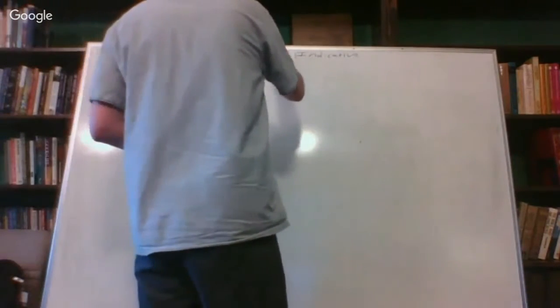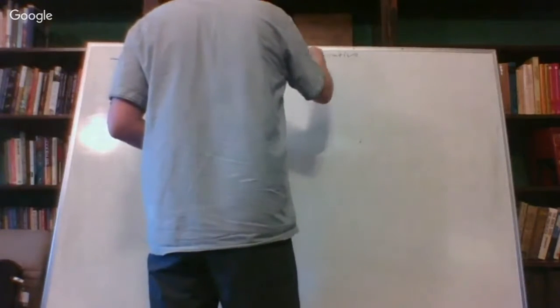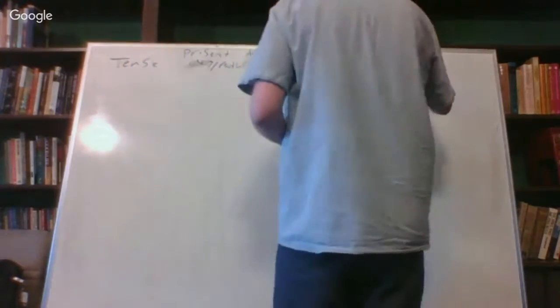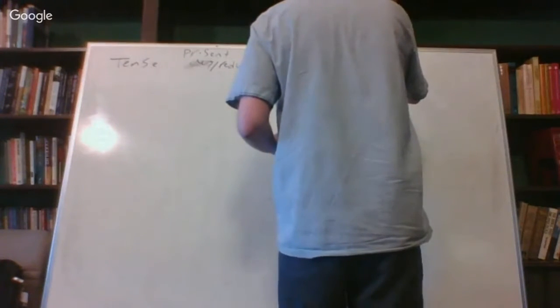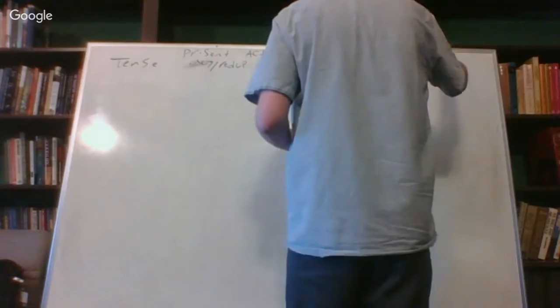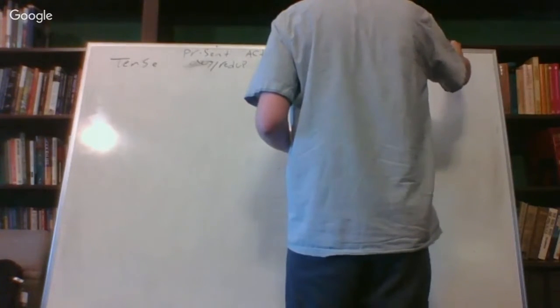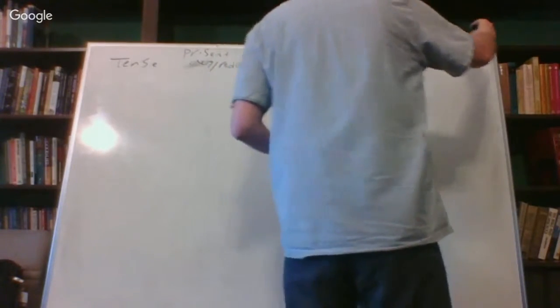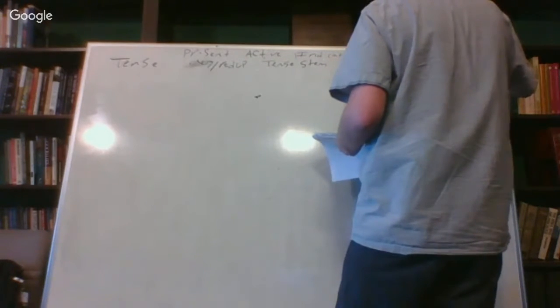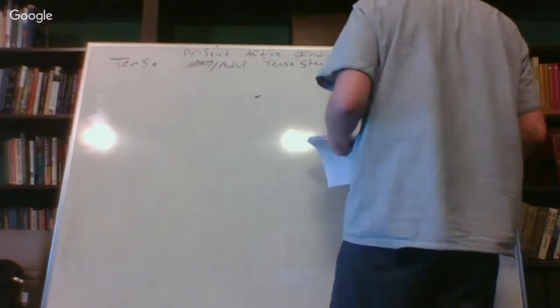Then we have the tense stem. And then we also have the tense form. And then we're going to have a connecting vowel. I'll just write CV for short. And then we'll have the personal ending. There's a little bit more to it, and I'll write that somewhere else.